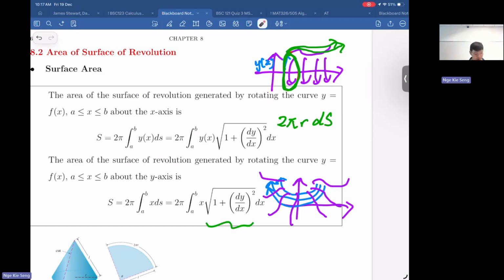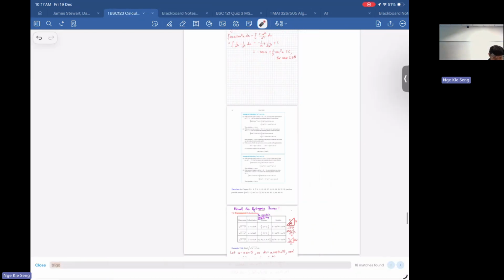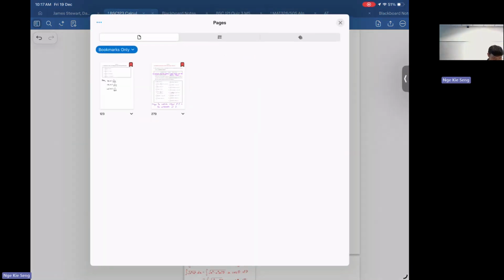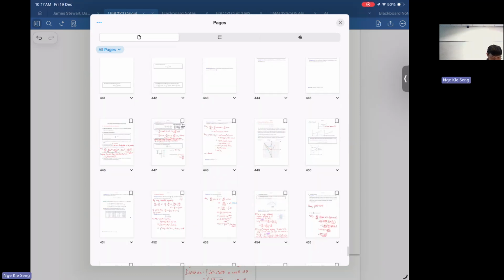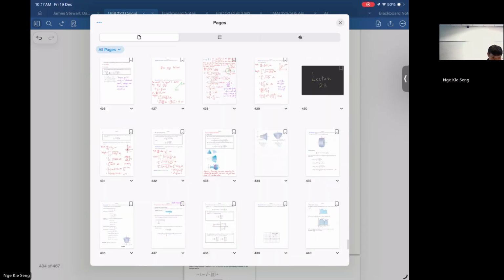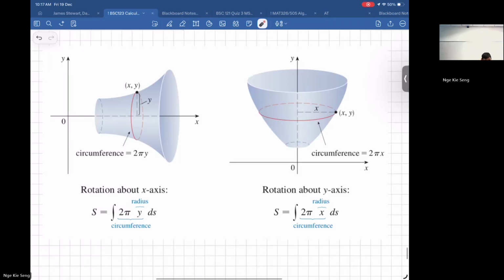Maybe let's look at one of the shapes here, from the textbook. Maybe this picture will make more sense. So if you revolve around the x-axis, you are taking 2 pi r, radius, and the height. So 2 pi r times height is what?